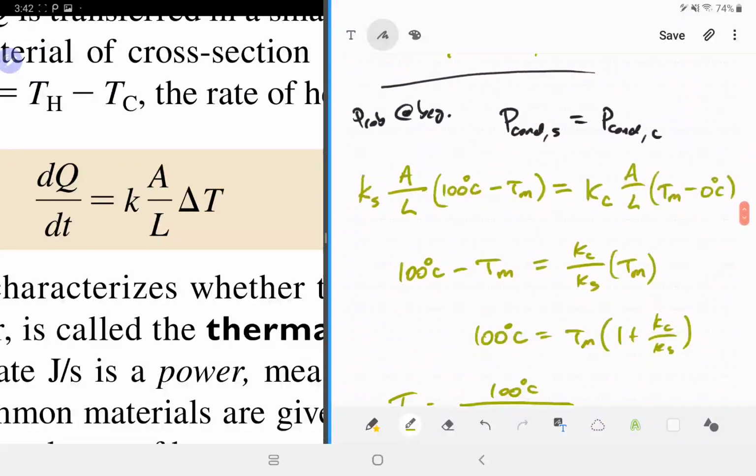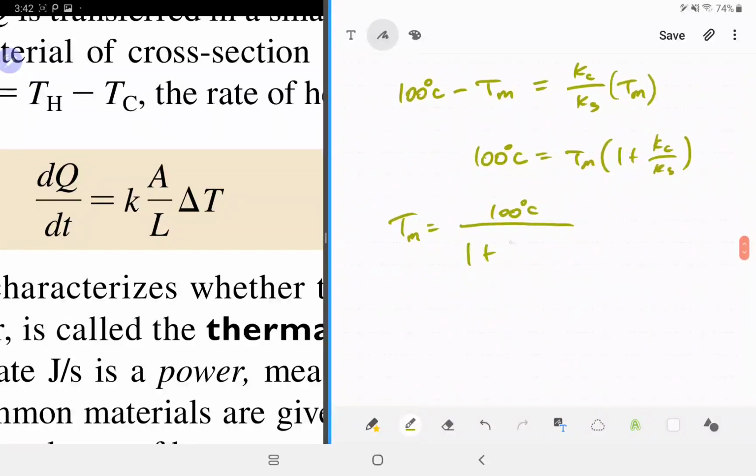So 400 for copper and 14 for steel. So let's go ahead and divide this. 100 divided by 1 plus 400 over 14. Google tells me that this is only 3.38. Let's do 3.4 degrees C.